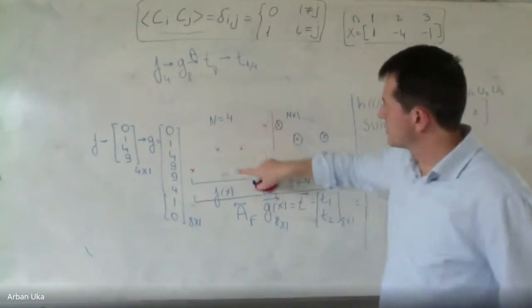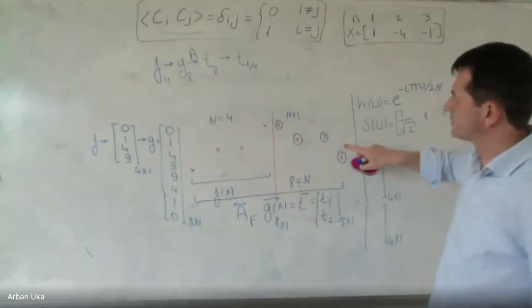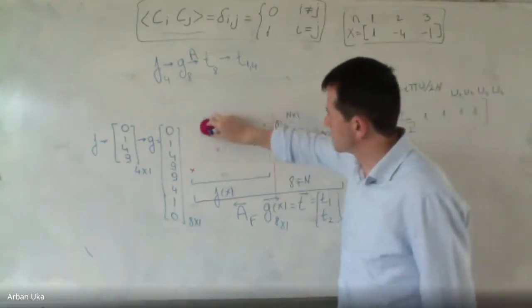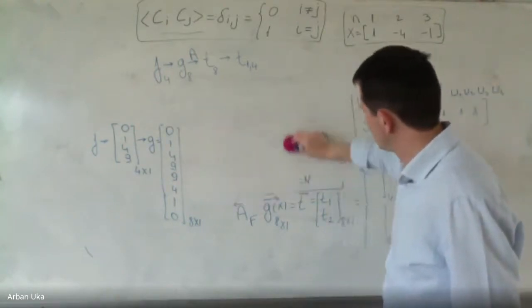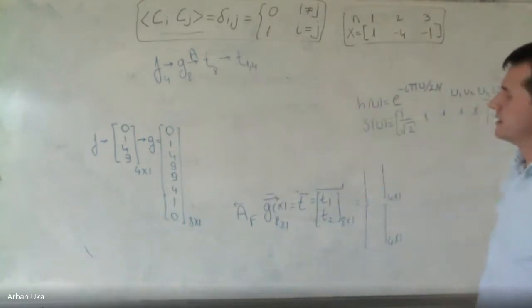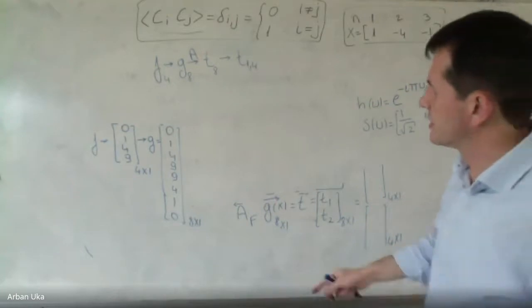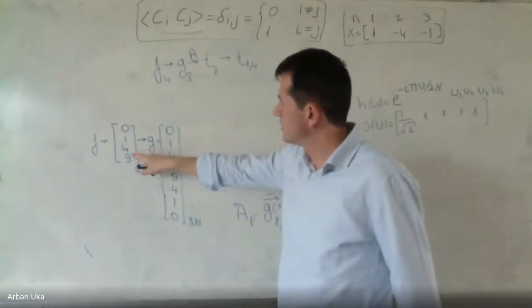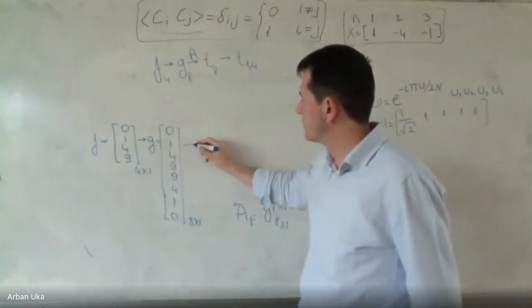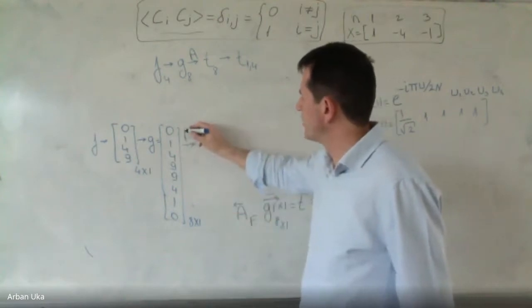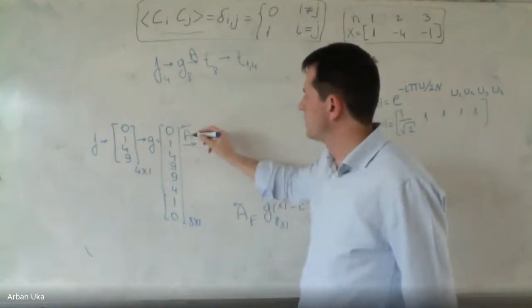Now, this was the representation of how we extend the function. If I erase this for a moment, let's see how this data will be transformed. So this is the initial data set. This is the extended version. We apply this operator A to find the Fourier transform.